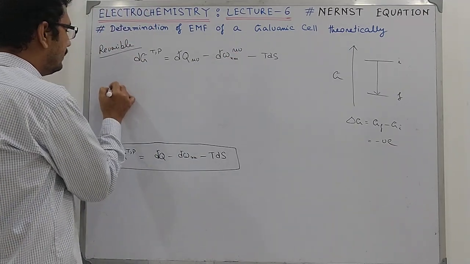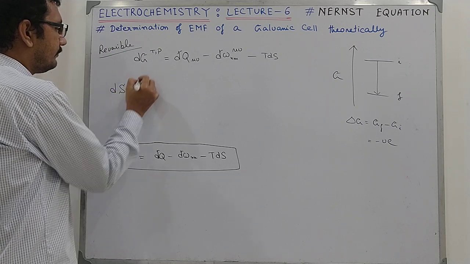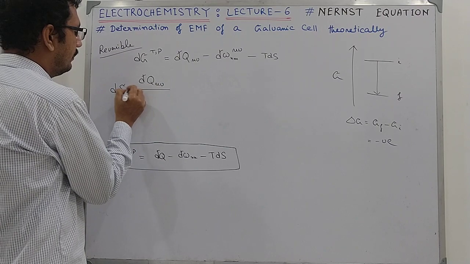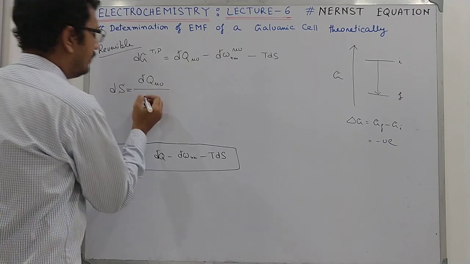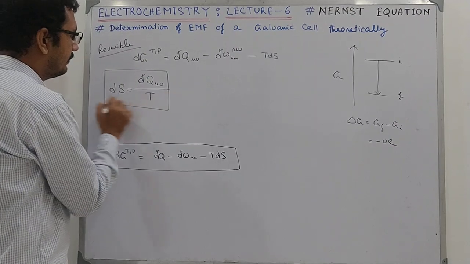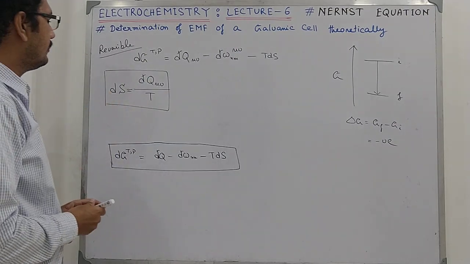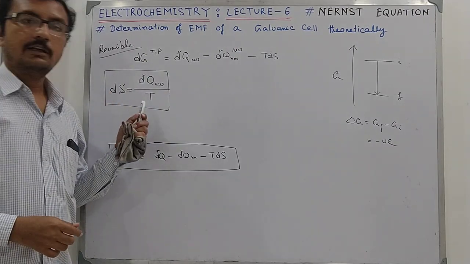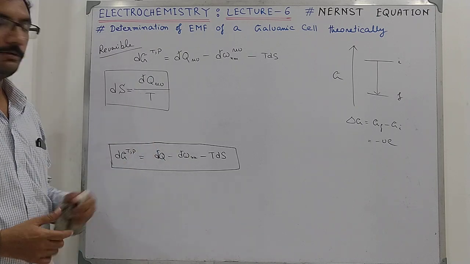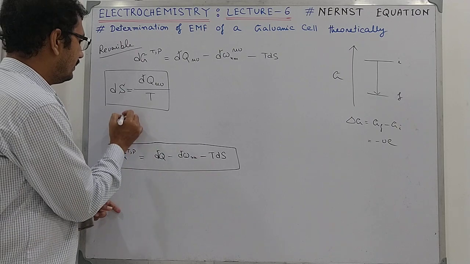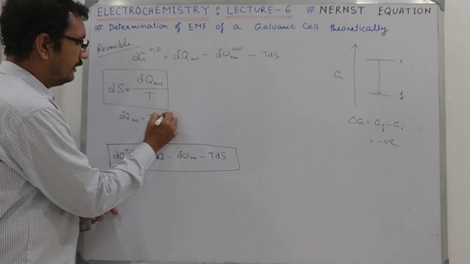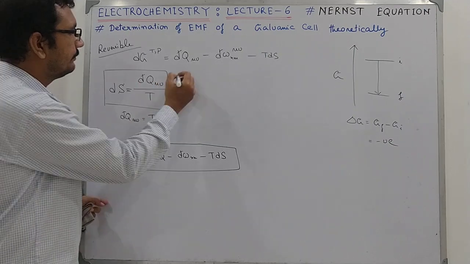Now what is the definition of change in entropy? It is the amount of heat change divided by the temperature at which the change takes place. This is the definition of change in entropy, and we get it from the Carnot engine. You can remember it from the second law of thermodynamics. So from this we can have đQ reversible equals TdS. Put the value.